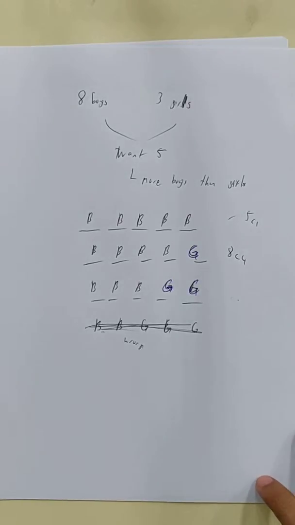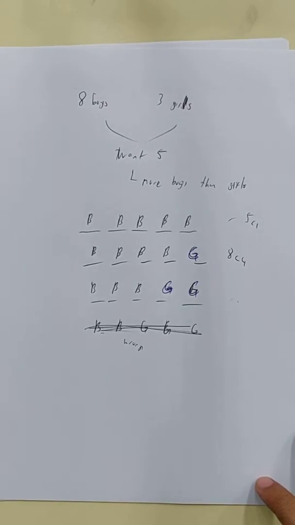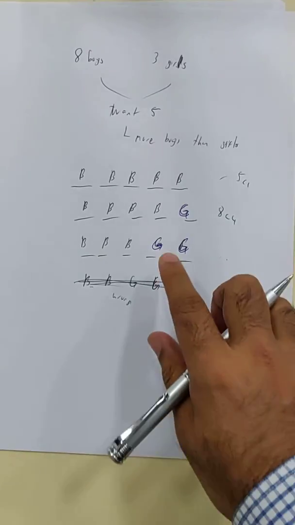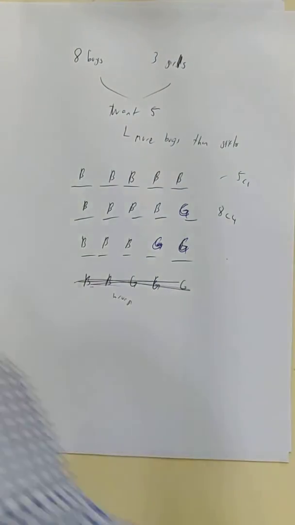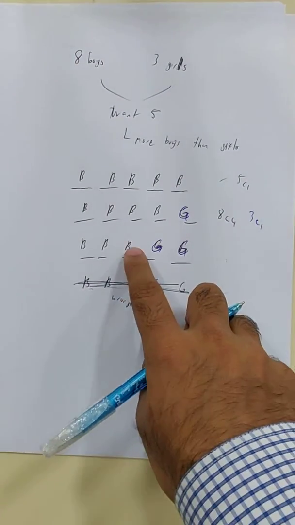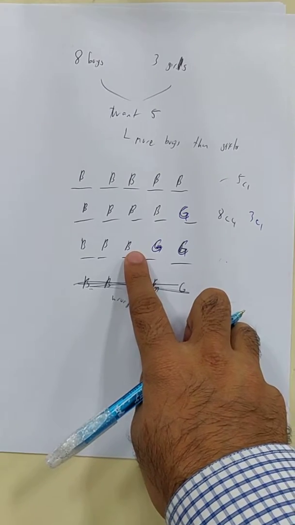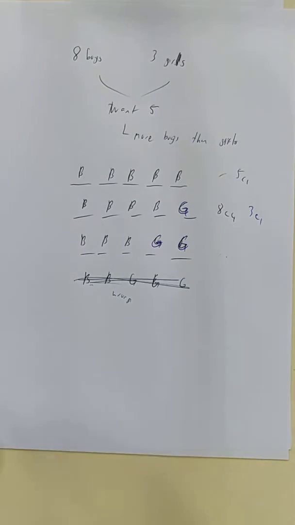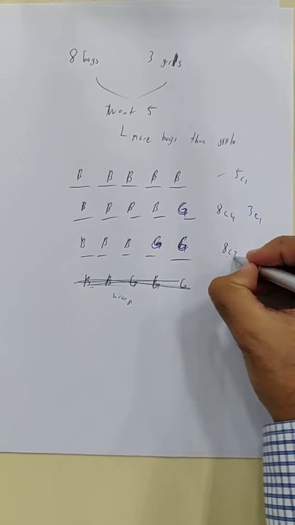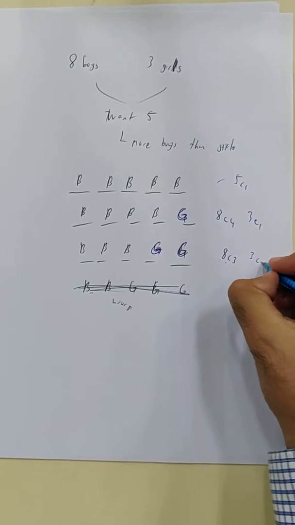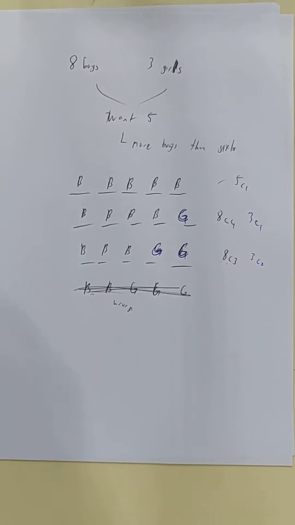I have 8 boys, I want 4. Now how many girls do I have? I have 3, I want 1. So 3C1. Are you okay? For the last one, how many boys do I have? How many do I want? So 8C3. What about the girls? 3C2. Can you see?